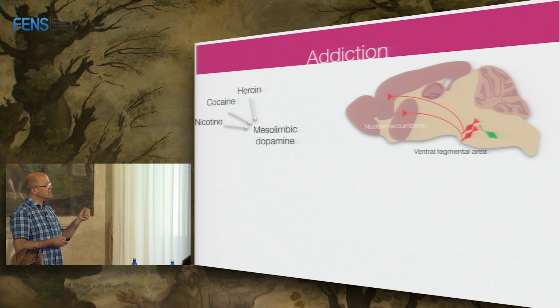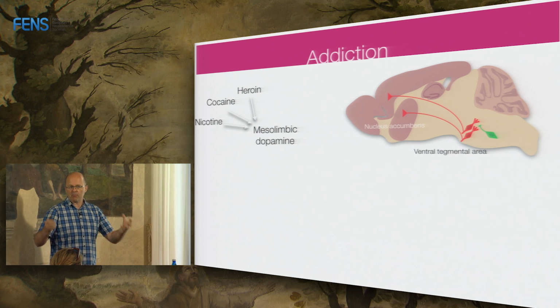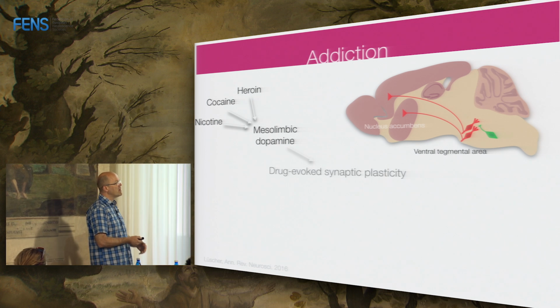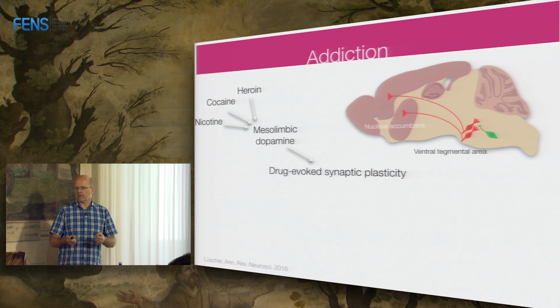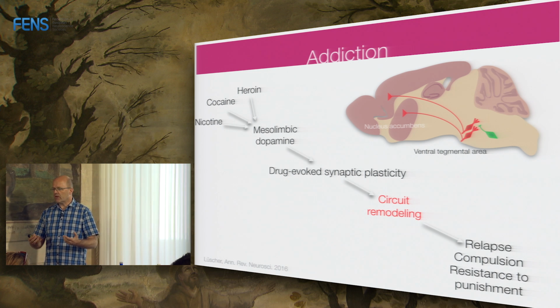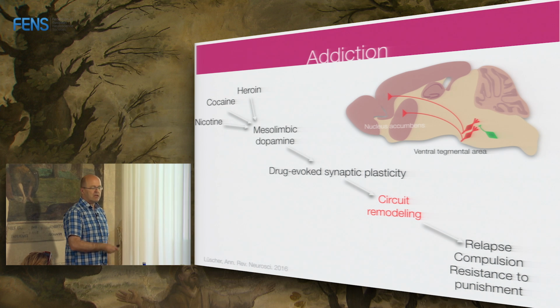Once that dopamine increases massively because of the pharmacological power of these substances, as a next step, we would induce certain forms of synaptic plasticity. We and others have called these drug-evoked synaptic plasticities. And that would then lead to a remodeling of the circuit function, which eventually drives the drug-adaptive behavior.